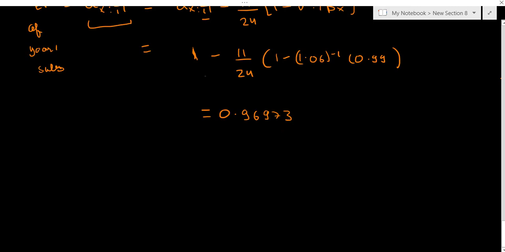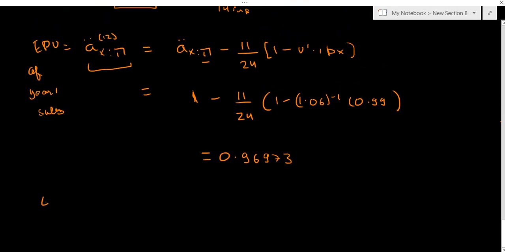If I talk about the second year's payments, let me call it the EPV of premium Y2. Let's call it the EPV of the subscription in the second year, at the beginning of the second year. If I were to calculate, it would again be the same thing, because it's just 1 year's payment.